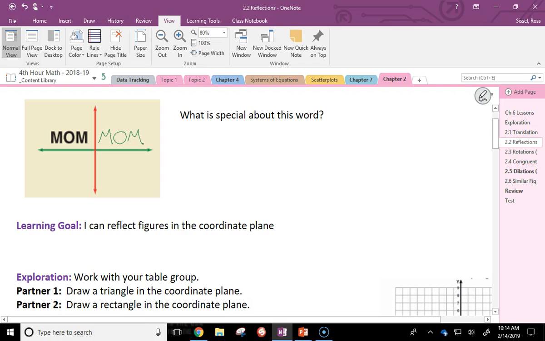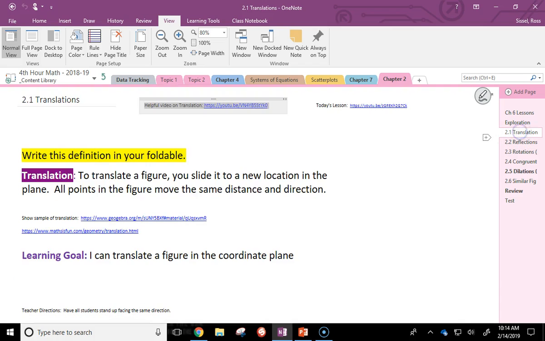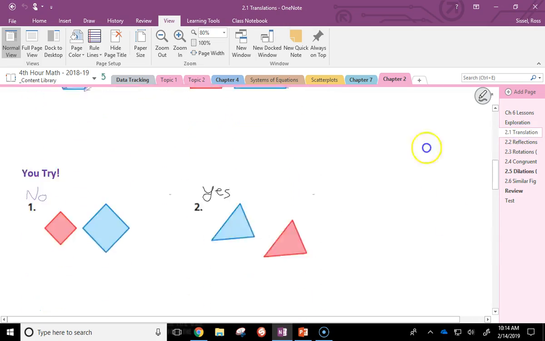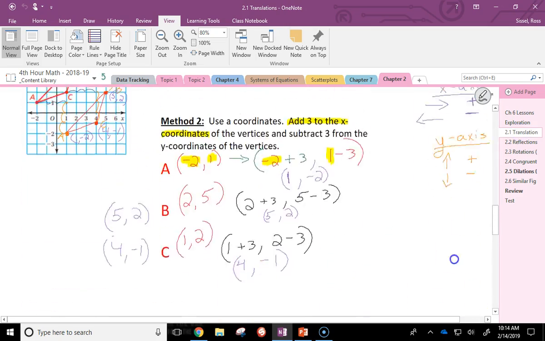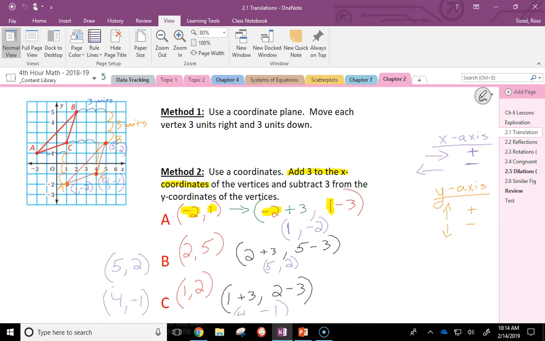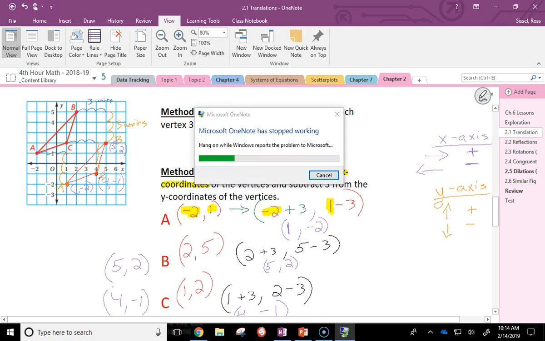That is why yesterday when we worked with our translations, I told you I really wanted you to put down your points when we graph. Come on, please.